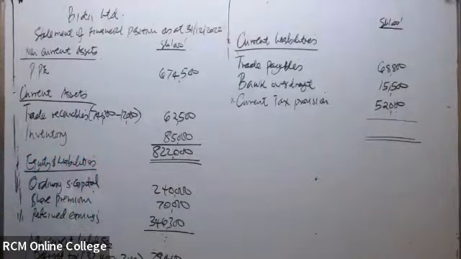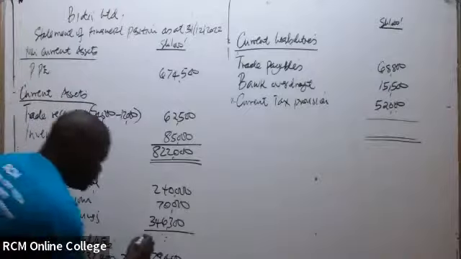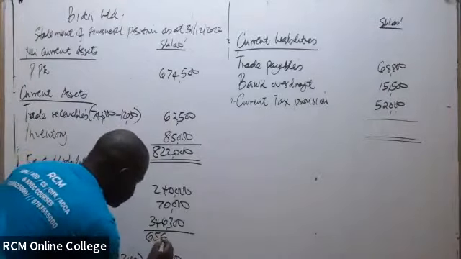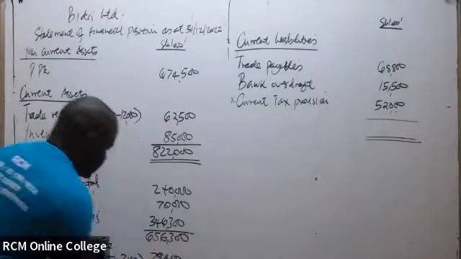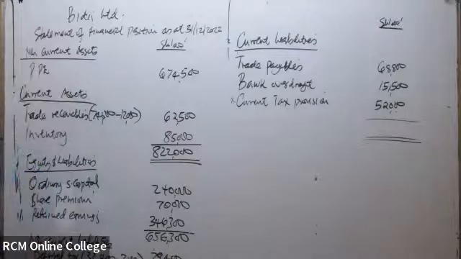What's the total for equity elements here? 656,300. Then the total, just total now. Irene, just total now. Valerie, just total these others now.